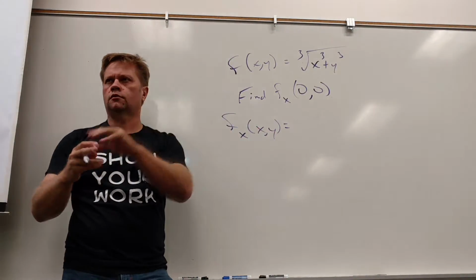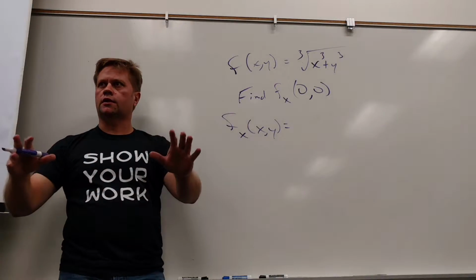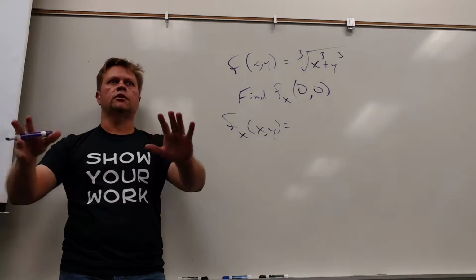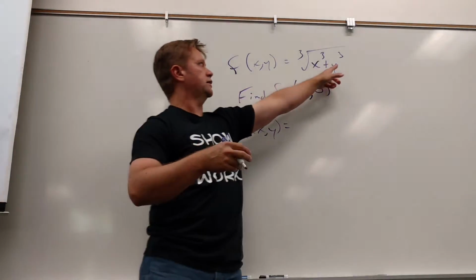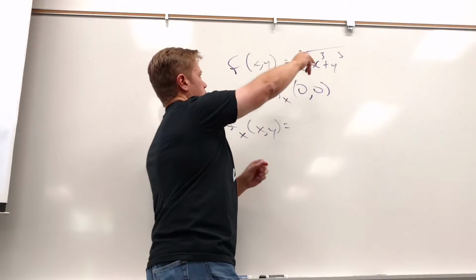What does that mean? Partial derivative. So what are you going to treat as a constant? y. So y is going to be treated like a constant, like plus 7, or whatever you want to think of. So how do you take the derivative?